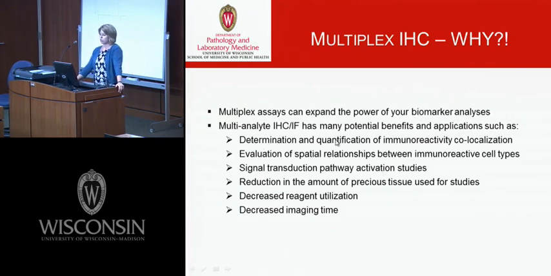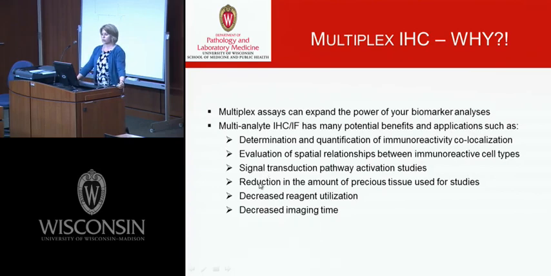You can determine and quantify the immunoreactivity as it is co-localized within your tissue of interest, whether it be in the same compartment, so whether it's both in the cytoplasm or within the same cell, for example. It also allows evaluation of spatial relationships between these immunoreactive cell types, and studying signal transduction pathways.